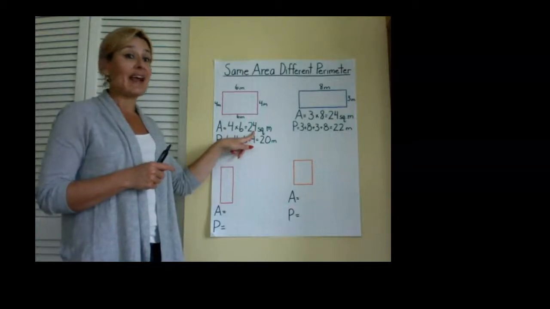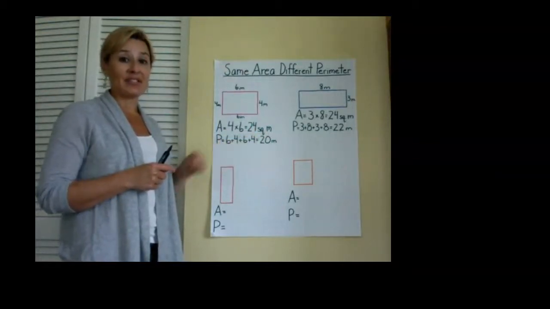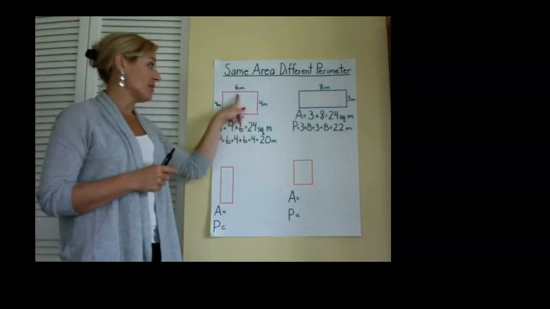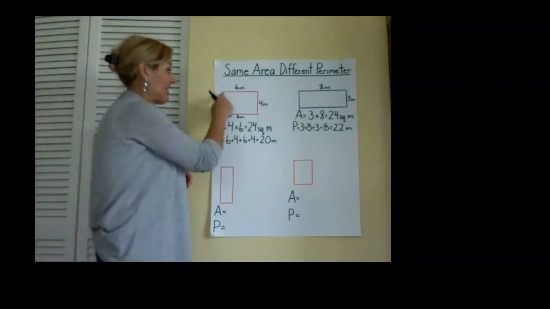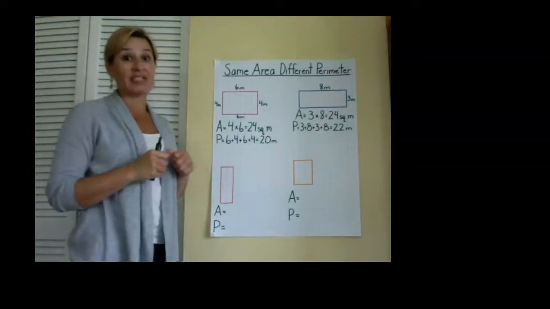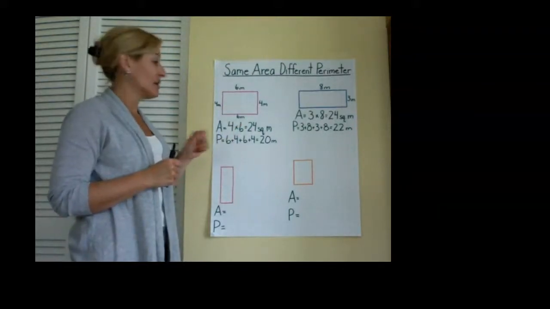And since it's area, remember area, squarea, it should be square meters in our answer. So the area of this one is 24 square meters. And if I count all the individual boxes in my rectangle, I'm going to get 24, so I know my answer is correct.